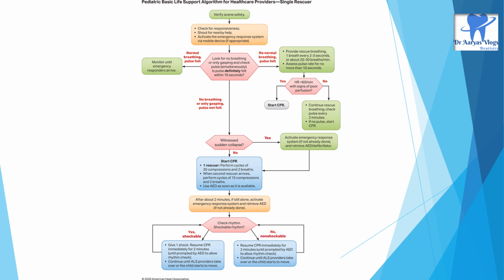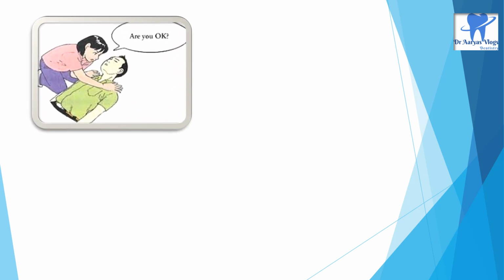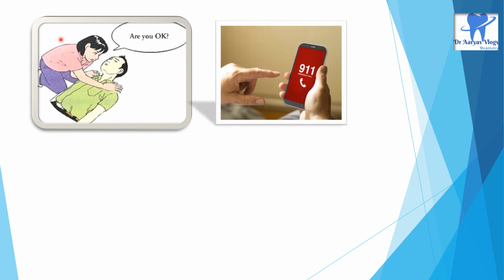Okay. So this is the basic life support algorithm in pediatrics. A rescuer who arrives at the side of a potential cardiac arrest victim should follow the steps on the algorithm. This is the first step: verify the scene safety, that is, make sure the scene is safe for you and the victim, and check for responsiveness.